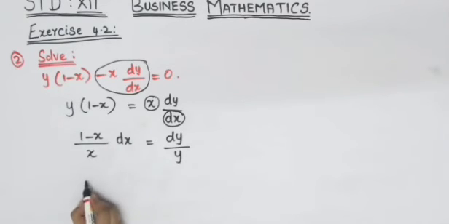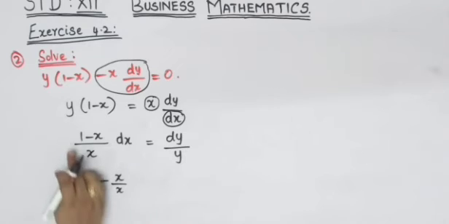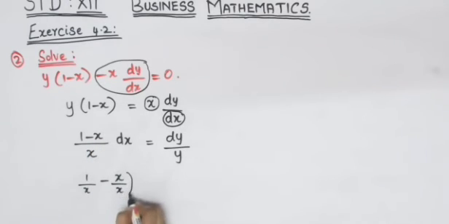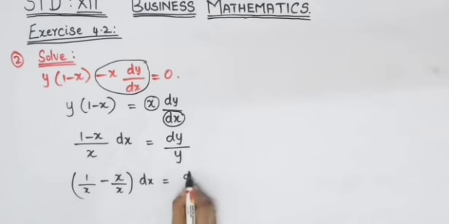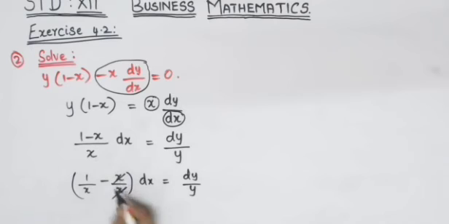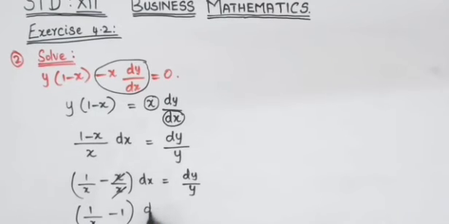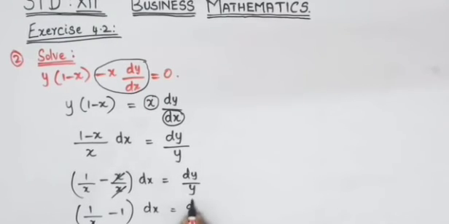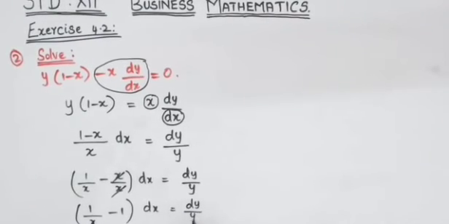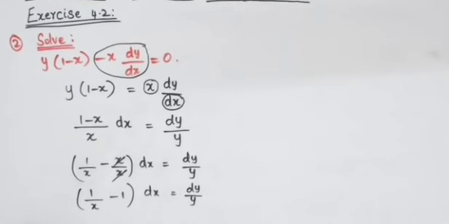Now separate again: 1/x − x/x, splitting the term, into dx equals dy/y. Now you can cancel this x and this x, so the remaining is (1/x − 1) dx equals dy/y. Now we have separated the variables, so we will go for integration.